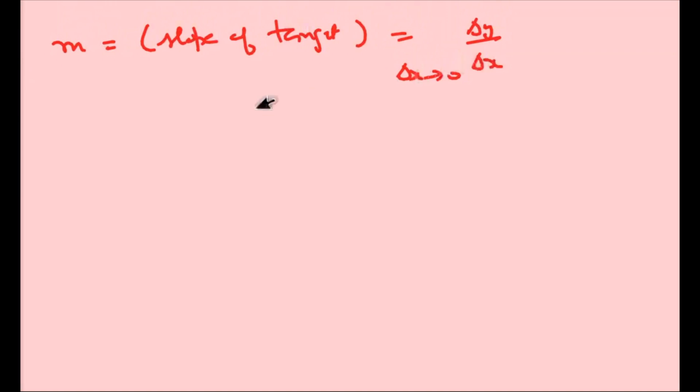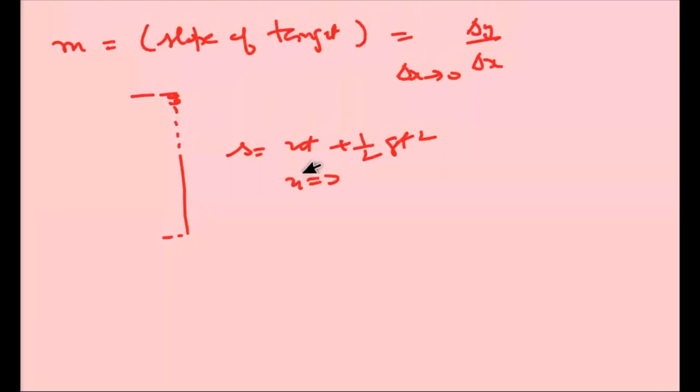Okay, for example, if we want to describe a ball falling towards the earth from some height, then we can say s equals ut plus half gt square, and u equals 0. In physics you already know s equals half gt square.